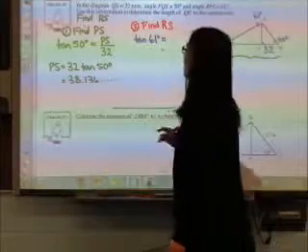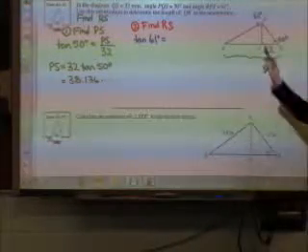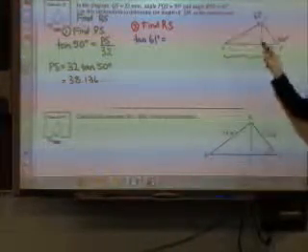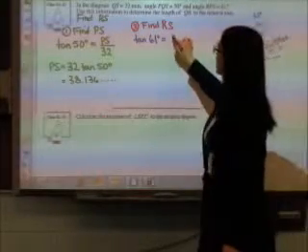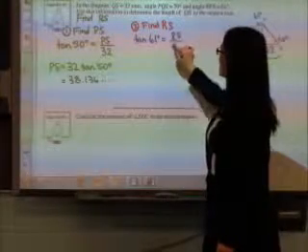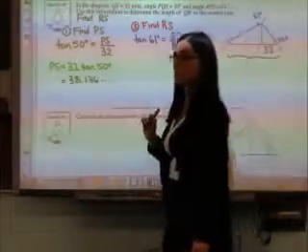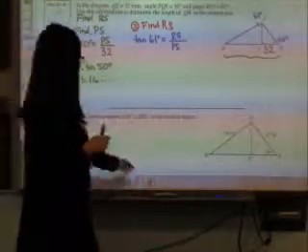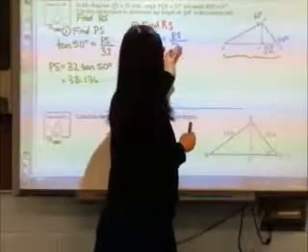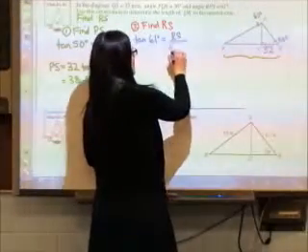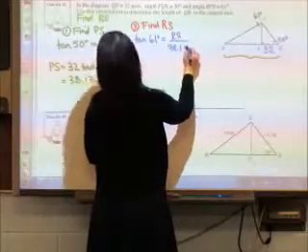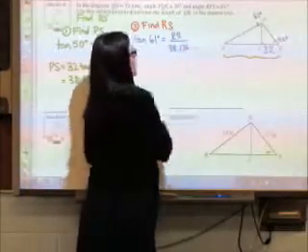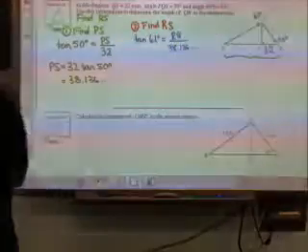Tan 61 would equal the opposite side, which is RS, over this adjacent side of PS. And I have PS already. That was my 38.136. So how do I get RS by itself?